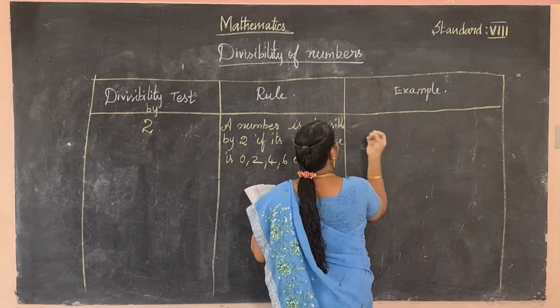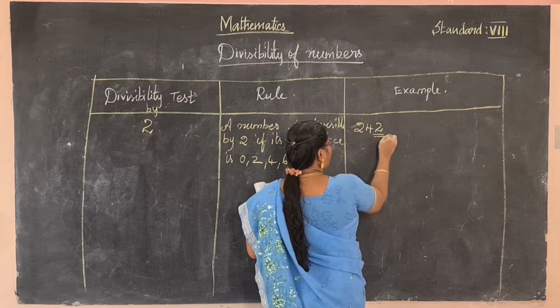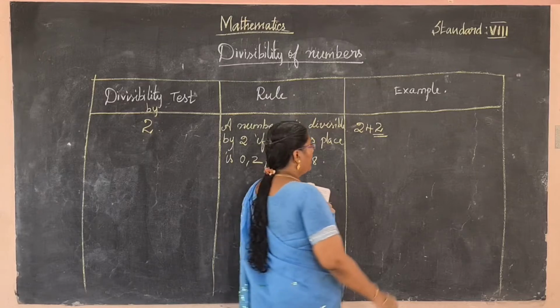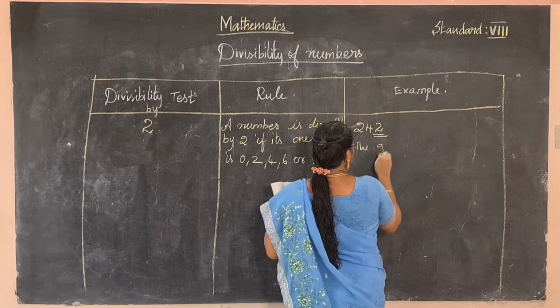Example: 242 is given. So the unit place is 2. So how can you write the result?